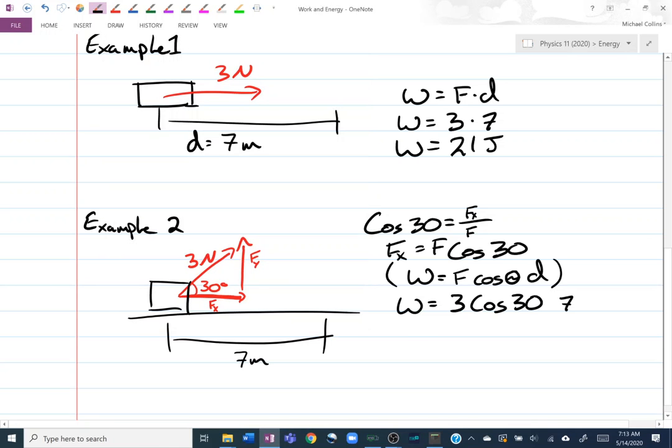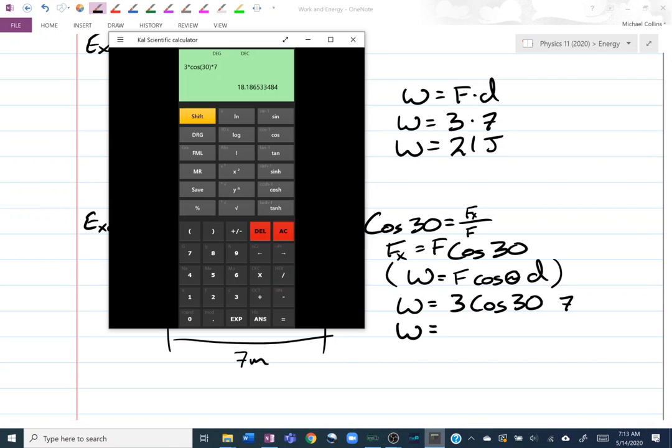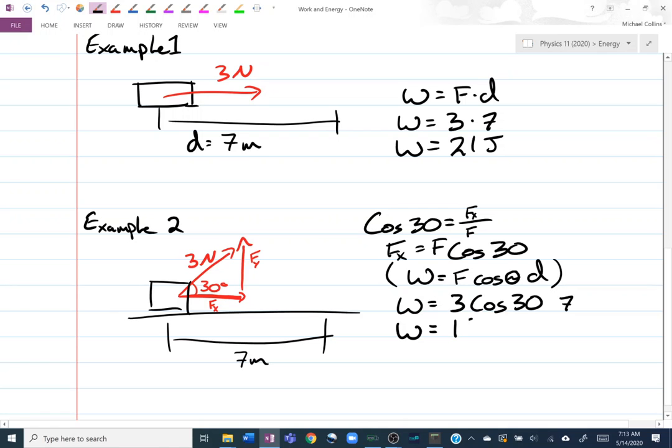So this amount of work is equal to 18.1 joules. Notice how it's less than the previous example. So in reality, if both of these things happened, a 3 newton force over 7 meters that's parallel, or a 3 newton force at an angle, example 1 would have got the work done probably faster if they were identical scenarios. And some of that work in example 2 is just gone to lifting the object, which doesn't actually do any work at all.